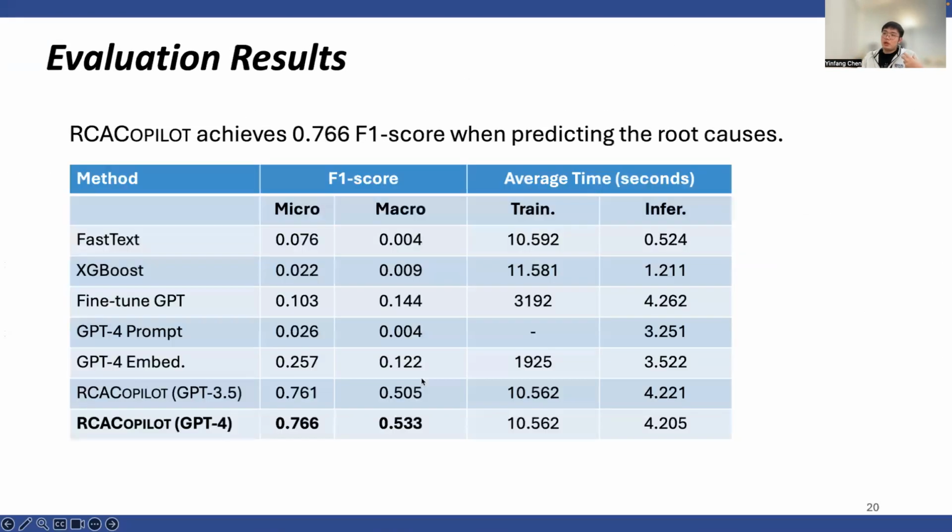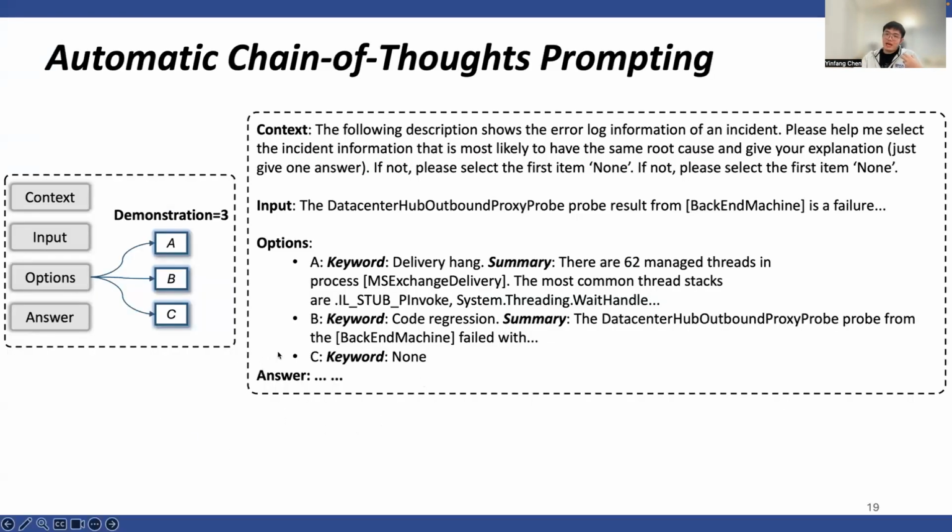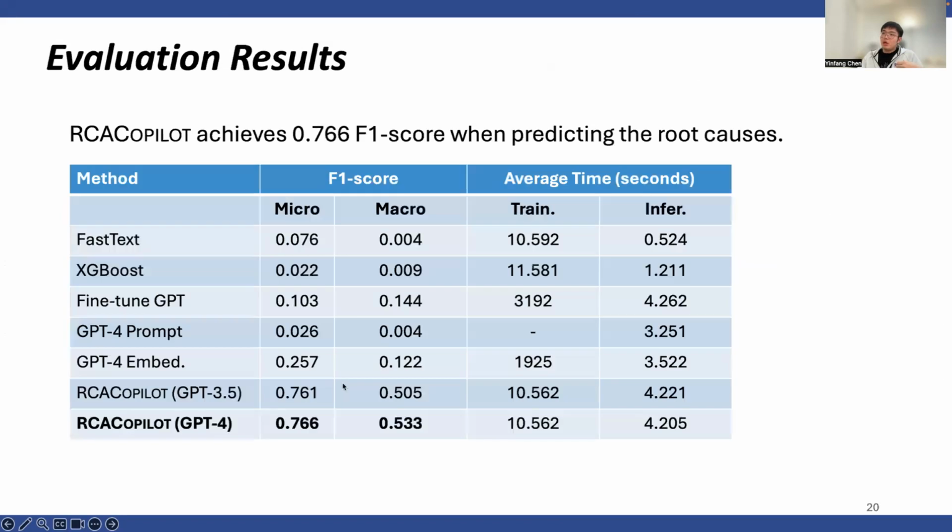And also we ask our large model to provide explanations for the incoming incidents. In our evaluation, RCA Copilot is able to achieve a 0.76 F1 score when predicting the root cause category or root cause labels, and it outperforms other baselines.